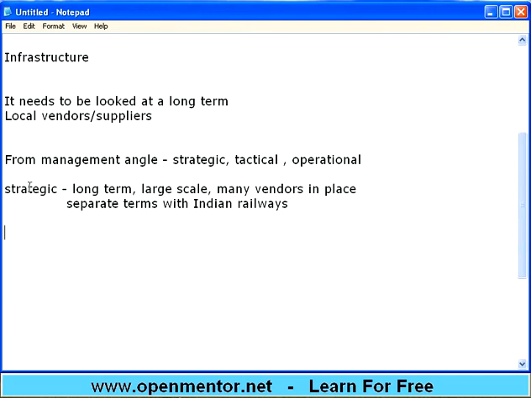That means you don't look at 1 year or 2 years, you are looking at decades, 1 or 2 decades of existence and sustaining your business. Very large scale. I need to move some 2 million tons of steel rods every year.